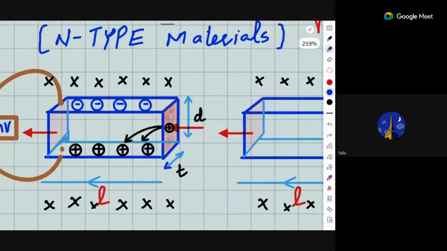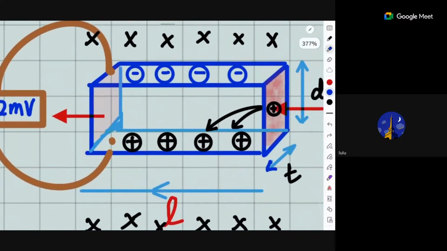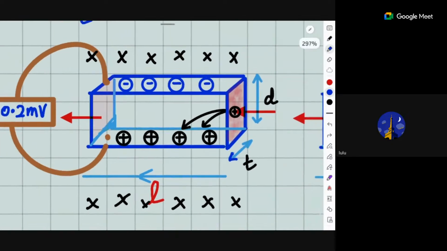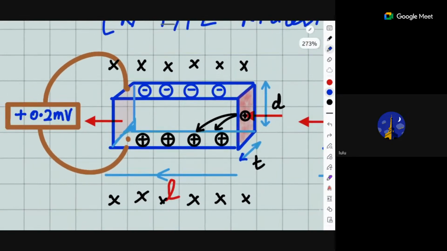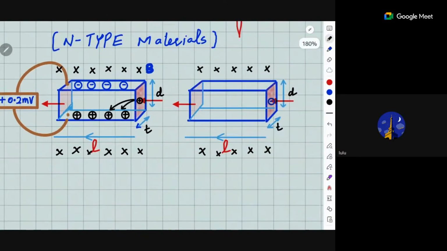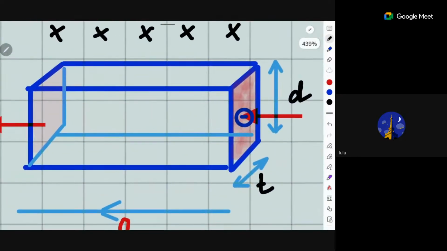Okay, just see this diagram and then tell me. When a positive charge carrier was entering, it was drifting downwards. Now there is a negative charge carrier entering. So what would be the drift of this charged particle? Sir, upwards. Yes, exactly. So this charged particle will be drifting upward. So the drift is now reversed.